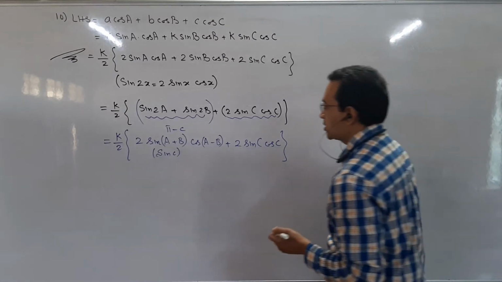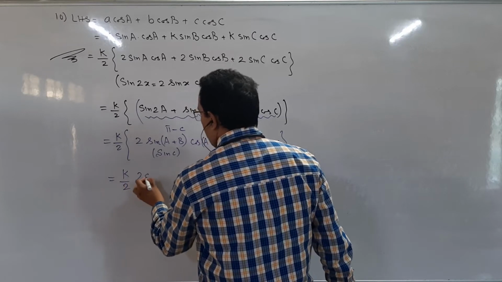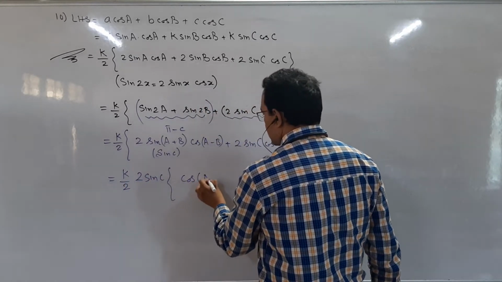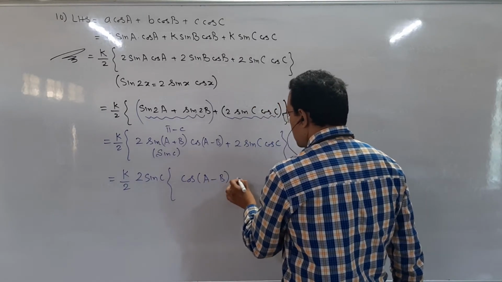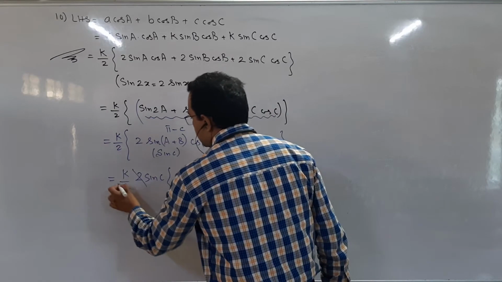Now throughout, 2 sin C is common, so what remains in the bracket? cos (A minus B) plus cos C. So let us cancel this 2 and 2.